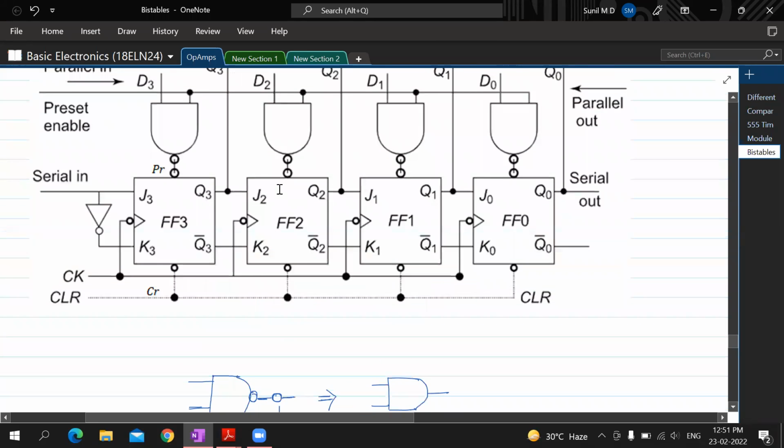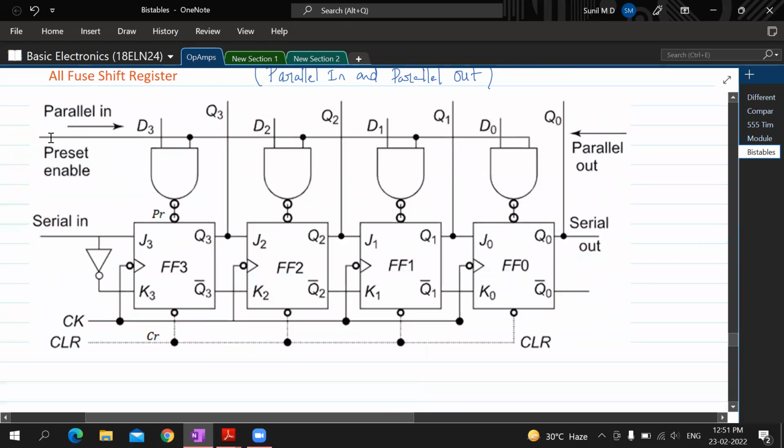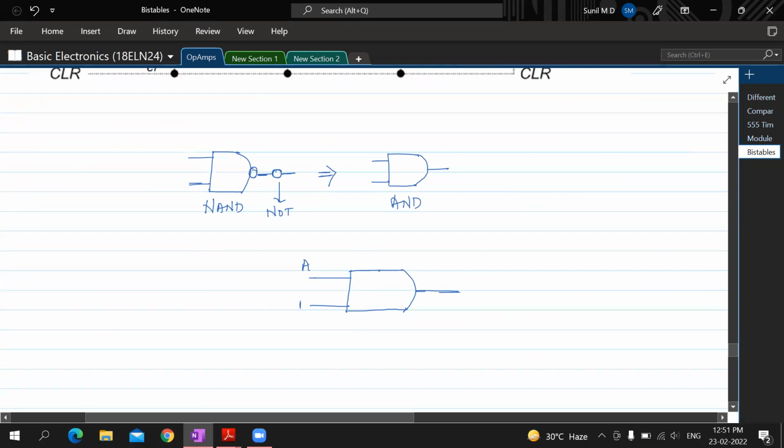Why I'm telling you that is, here there is a preset enable, right? That preset enable I'll make one always. Is that okay with you? That means the input of this AND gate, or NAND gate with additional bubble, will always be one. This is the preset enable, and this preset enable pin is always one.